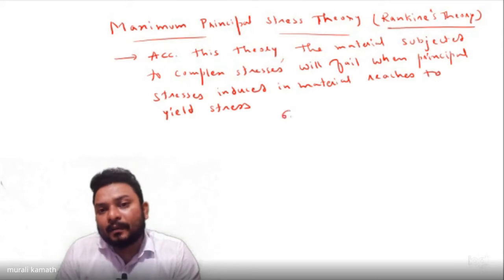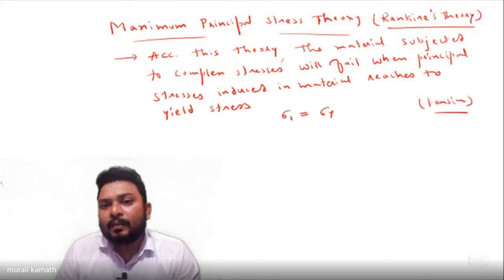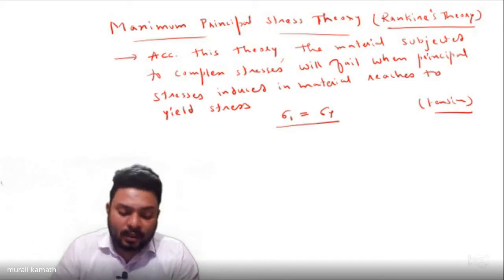Okay, means sigma 1 equal to sigma y in your tension. Means the stress is reaching your yield point.